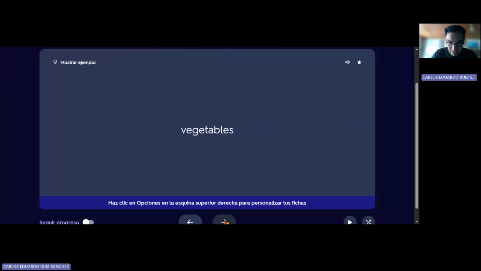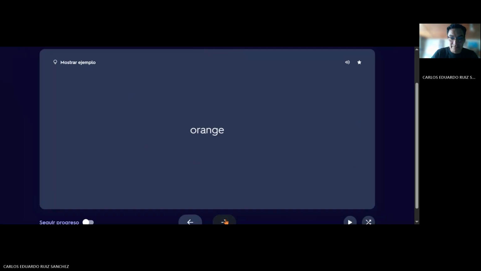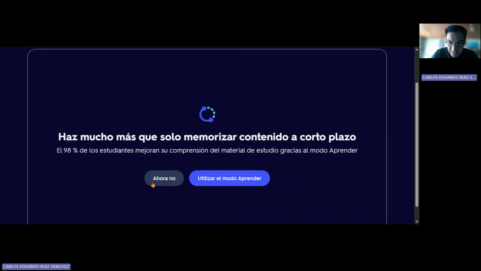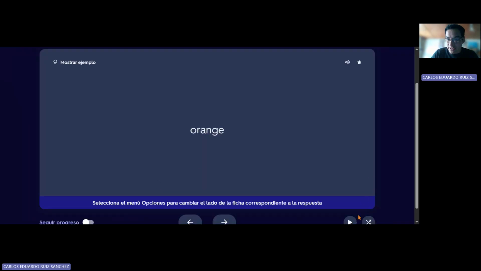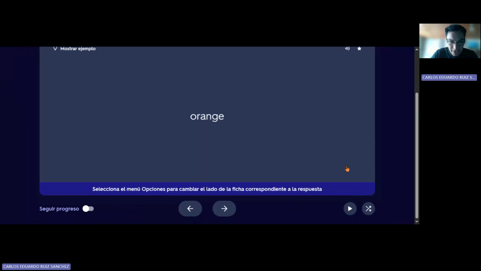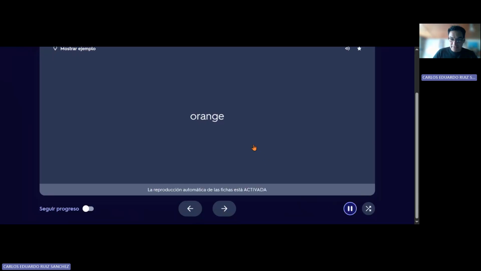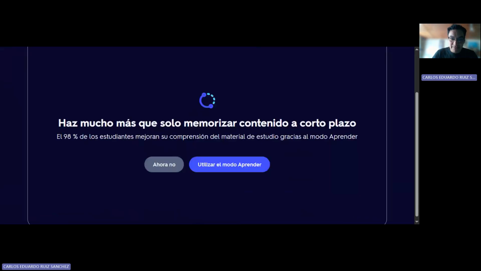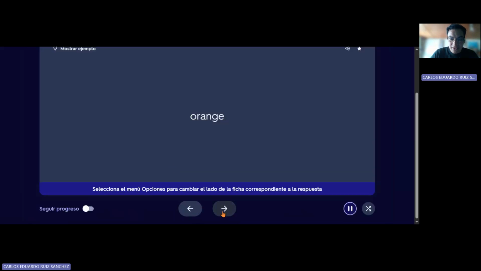Okay, better. More vocabulary: grains, fruits, vegetables, apple, banana, carrot, and now we need to answer some questions. Lemon, orange, onion, strawberry.